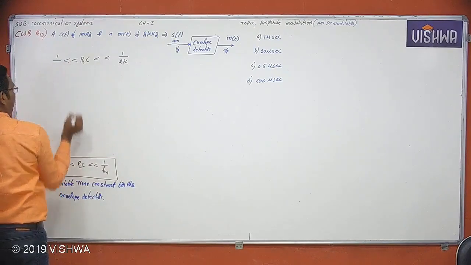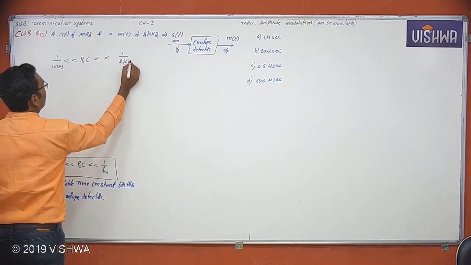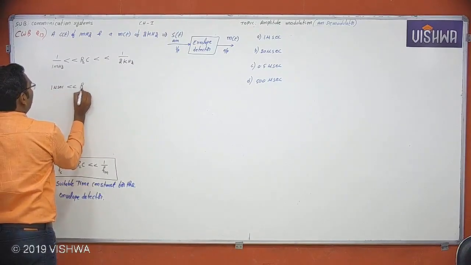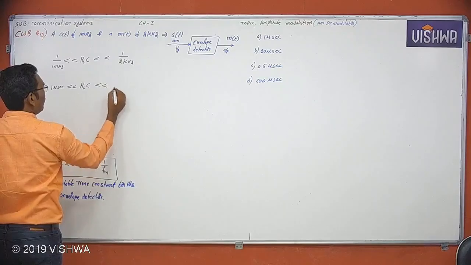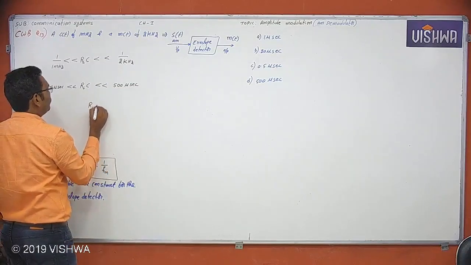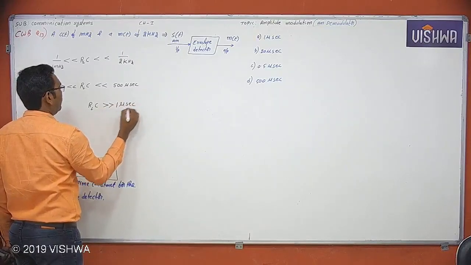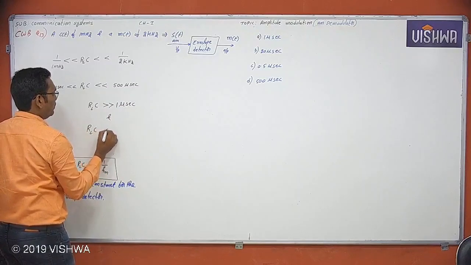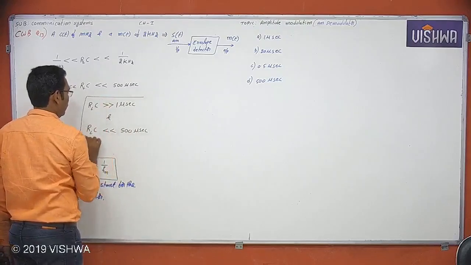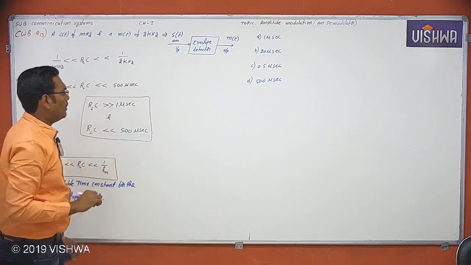Now 1 by FC is 1 microsecond, and 1 by 2 kilohertz is 0.5 milliseconds, 500 microsecond. So RL into C is far greater than 1 microsecond, and RL into C is less than 500 microsecond.